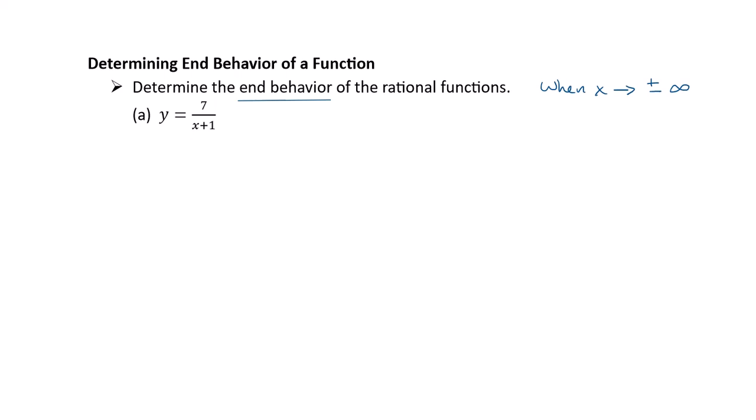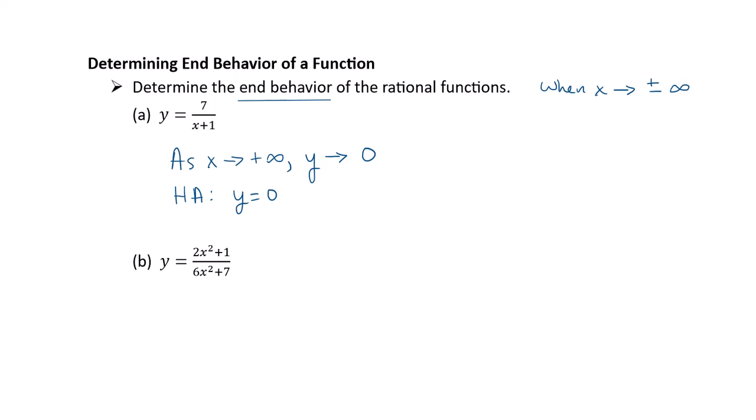As we get larger and larger values of x, this becomes even smaller. So as x approaches positive infinity, y approaches 0. So the end behavior is that we have a horizontal asymptote of y equals 0.